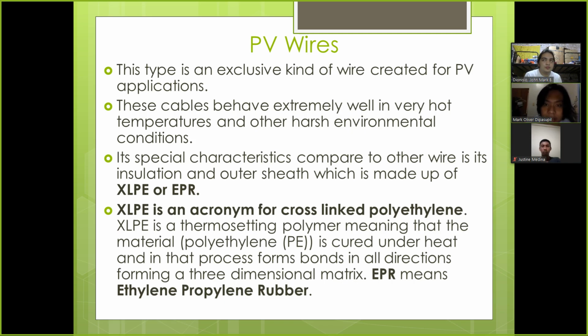Its special characteristic compared to other wires is its insulation and outer sheath, which is made up of XLPE or EPR. So ano yung mga yan? XLPE is an acronym for cross-linked polyethylene. Ibig sabihin, yung XLPE daw is a thermosetting polymer, meaning that the material, yung polyethylene, is cured under heat.